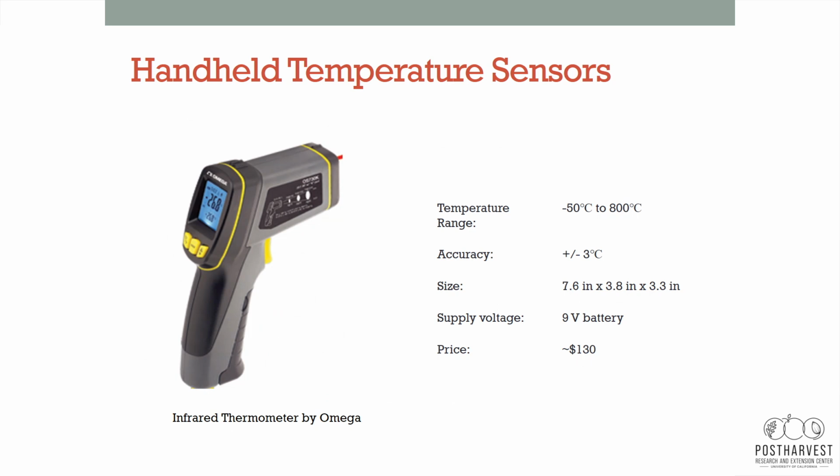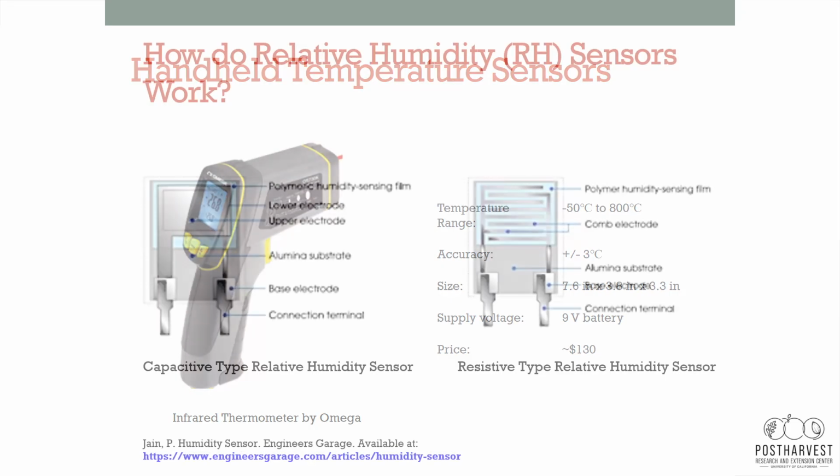There are also handheld or infrared temperature sensors. The technology has advanced, where you can even control the type of material that you're trying to monitor and so on. The technology is much more developed now, comparatively speaking, than 15 years ago.